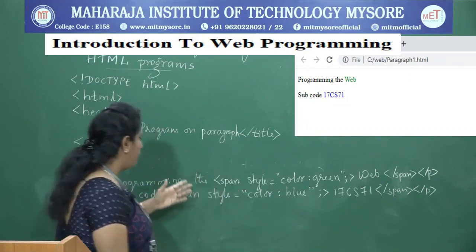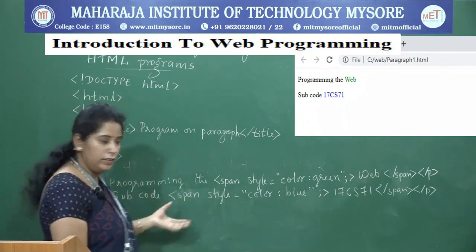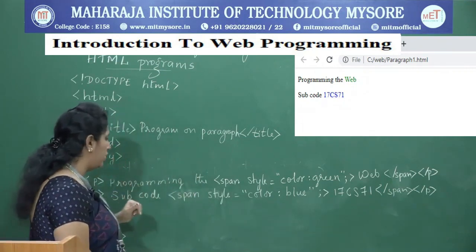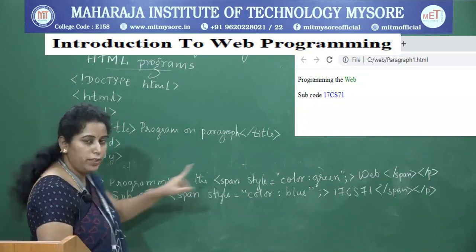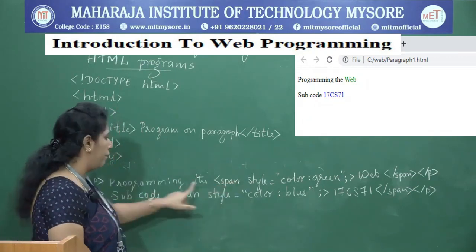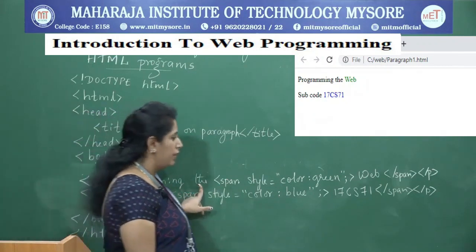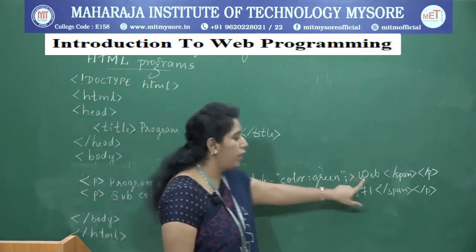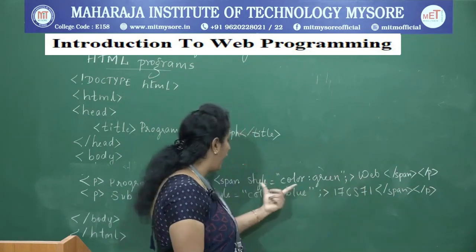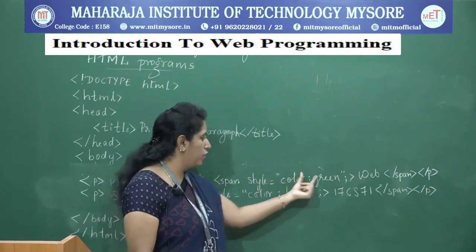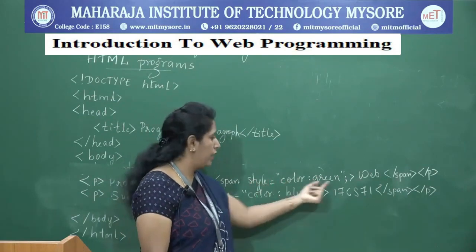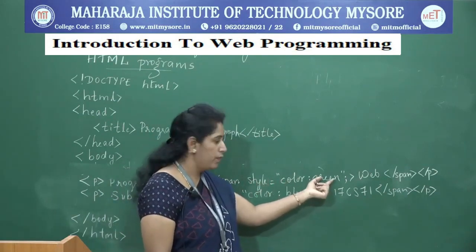Now what I have changed in this logic is that I am printing the text using the paragraph tag, programming the web, and then only for the particular text I am changing the color with the attribute style, and the color I am assigning is green.